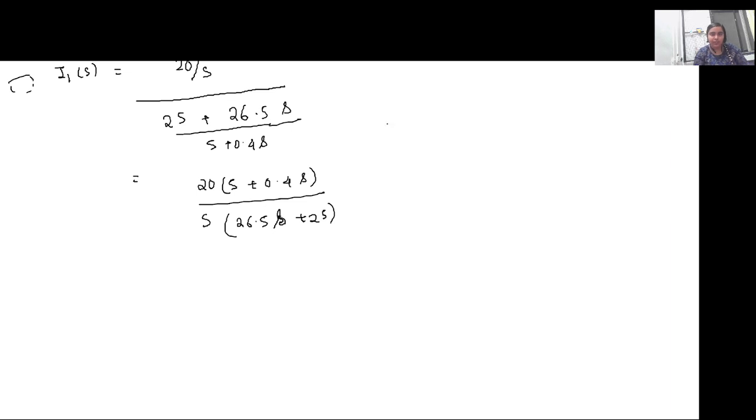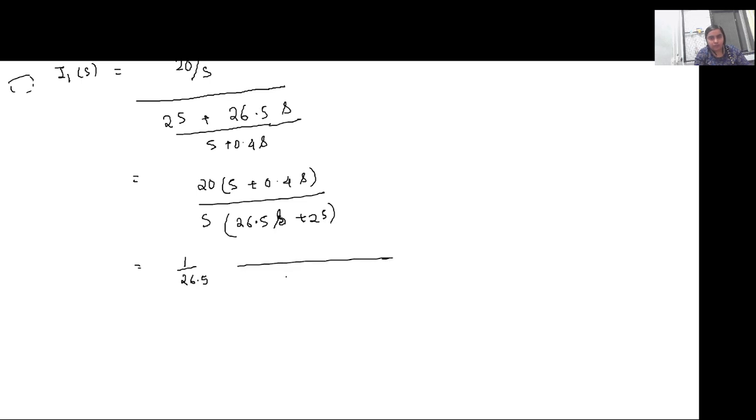In order to take the inverse Laplace transform, you will have to get rid of the coefficient that is with s. So what we will do is divide the numerator and denominator by 26.5, so we take 1 by 26.5 outside.